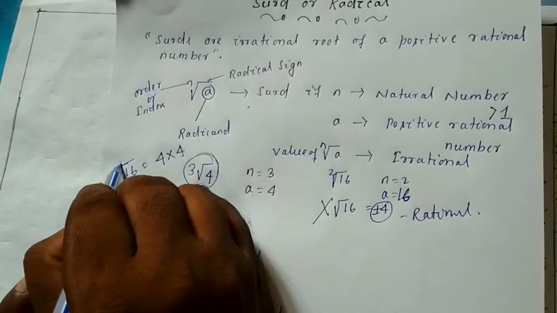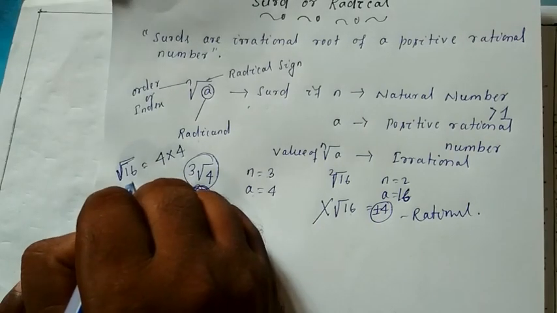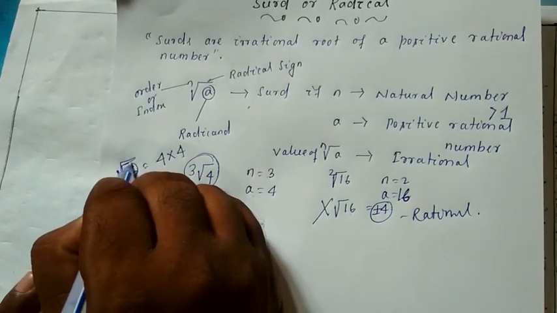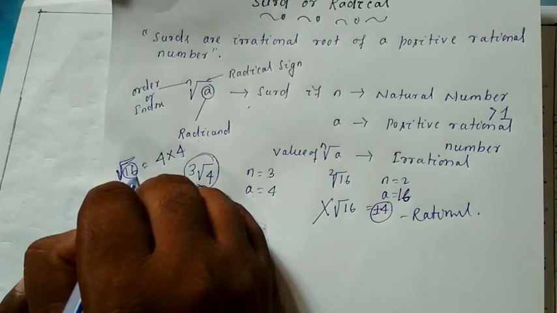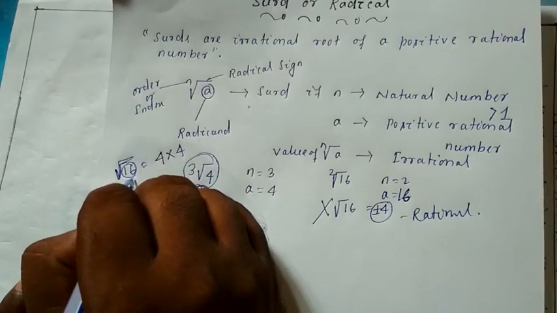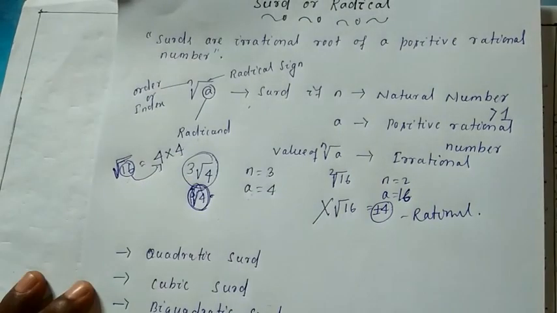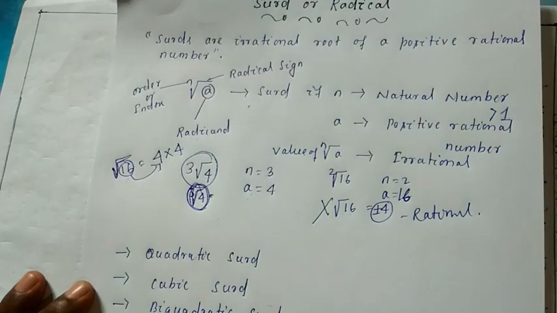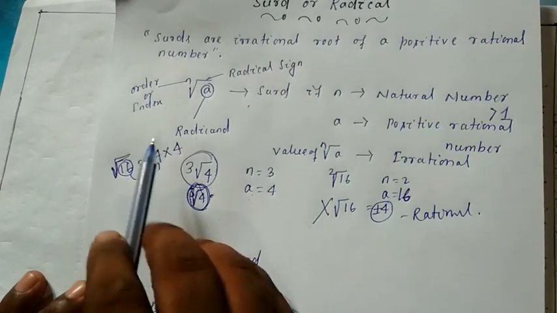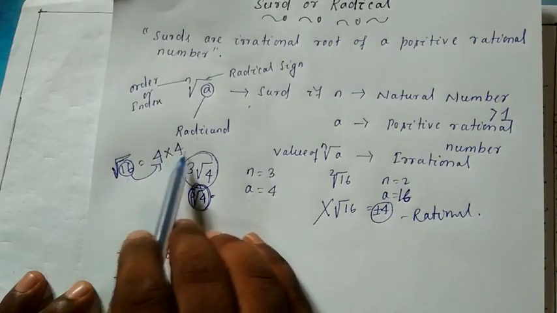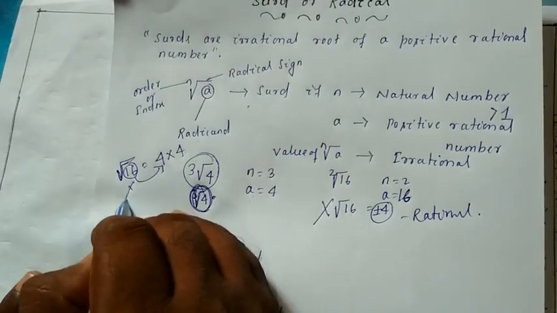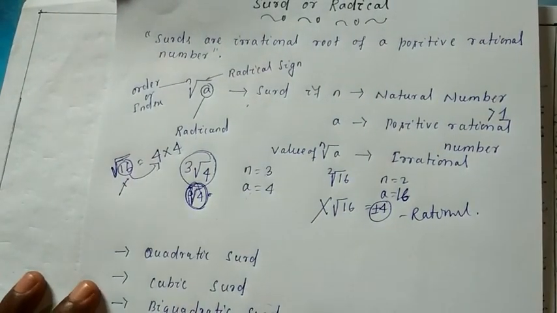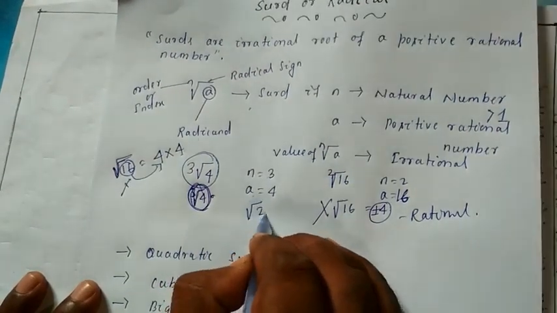So what is it saying? The square root of a positive rational number which cannot be written as the square of any rational number will become a surd. But here you are able to write the square of a rational number, that is 4 into 4. So square root of 16 is not an example of a surd.